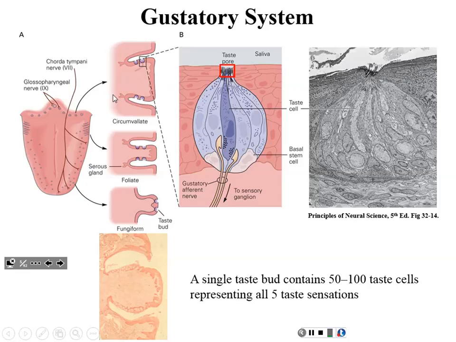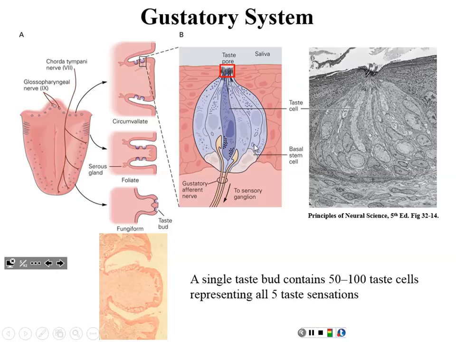Here is a structure of a circumvallate papilla, a foliate, and a fungiform. And each one of them contains taste buds. Here is a representation, a real section of a circumvallate papilla. Each taste bud looks like this.